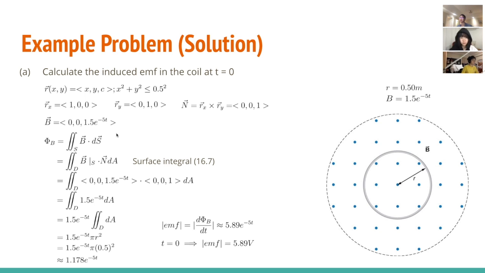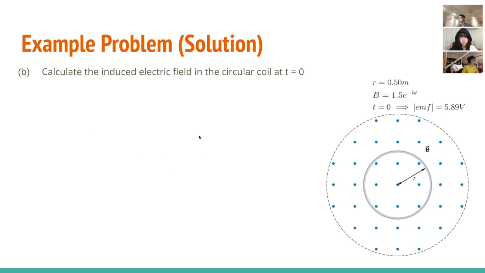The second part of the problem: we want to calculate the electric field in the circular coil at t equals 0. We can think of the coil as a curve C, and we parameterize it in some way as r of t, where t goes from a to b, and r of a equals r of b. This basically means that we start at one point on the curve, travel along the curve, and return back to the same point.